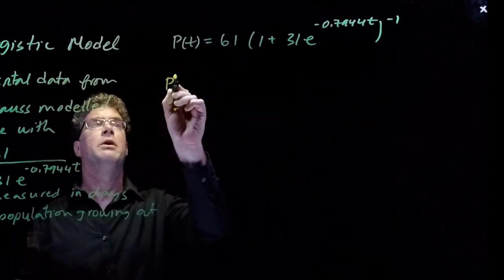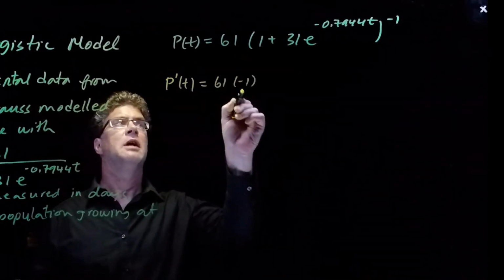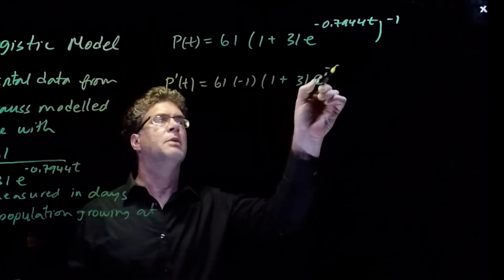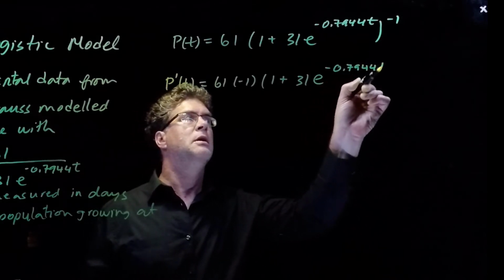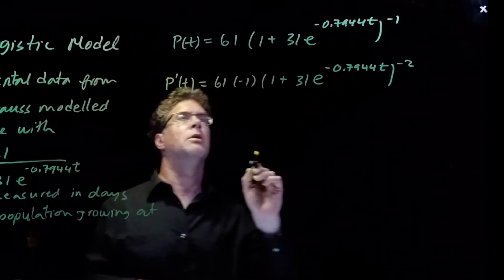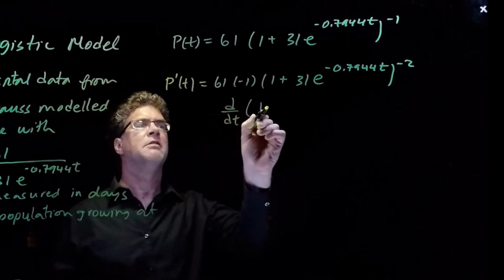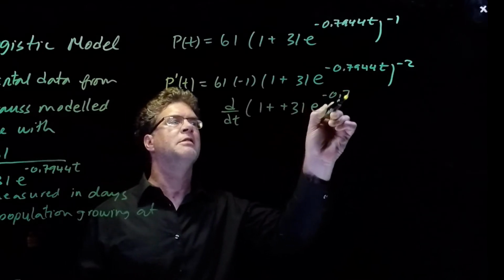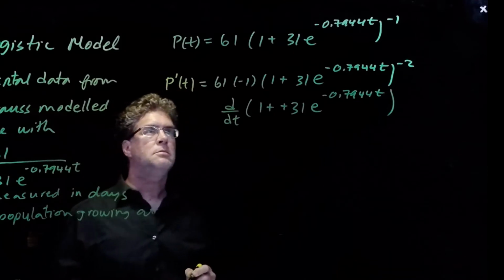So now when we calculate p prime of t, we go 61 times minus 1 times 1 plus 31 e to the minus 0.7944 t to the minus 2 power, times the derivative of the quantity in the brackets, which is 1 plus 31 e to the minus 0.7944 t.